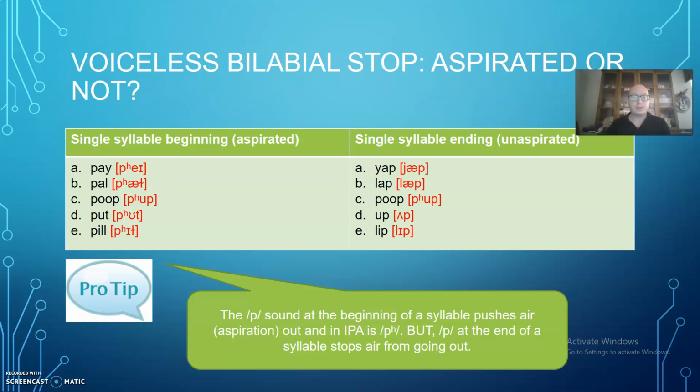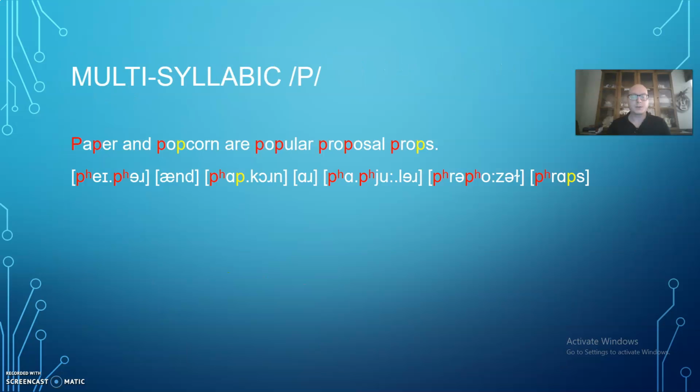And lastly, or sorry, not lastly, but we're going to do a little exercise here, the multisyllabic p sound, just to kind of show how it's formed. Most of these are going to be the aspirated form. Paper and popcorn are popular proposal props. And notice at the end where I say props, there's a little bit of a ps.